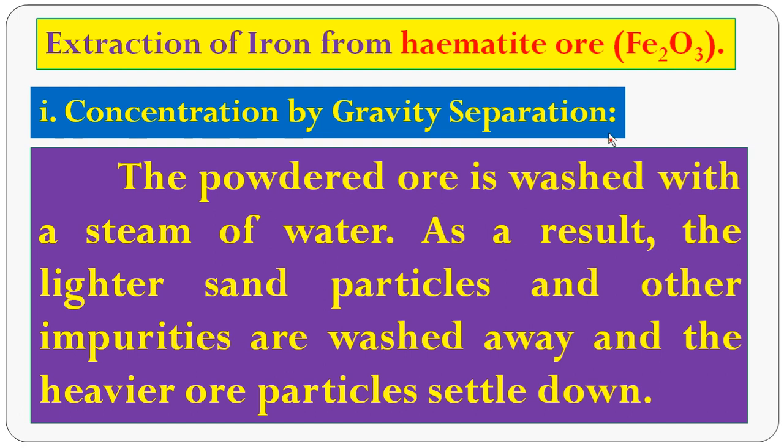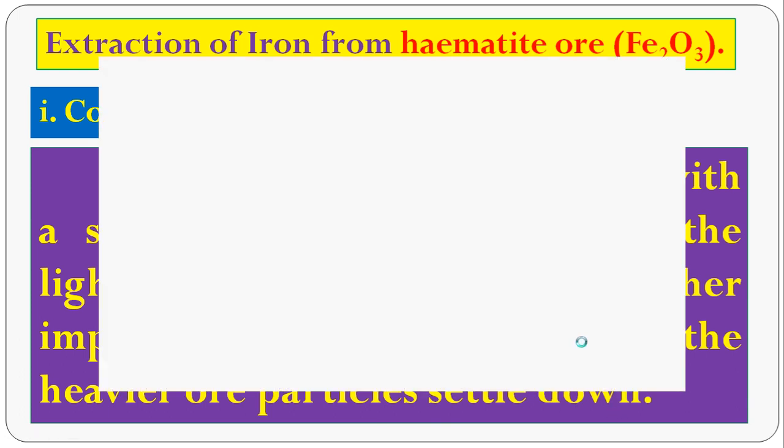The oxide ore can be concentrated by gravity separation method. The powdered ore is washed with a stream of water. As a result, the lighter sand particles and the impurities move away and the heavier ore particles settle down. This is the first step.